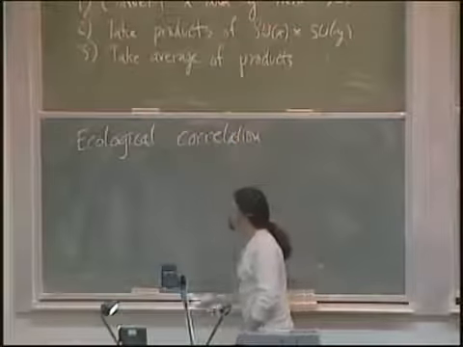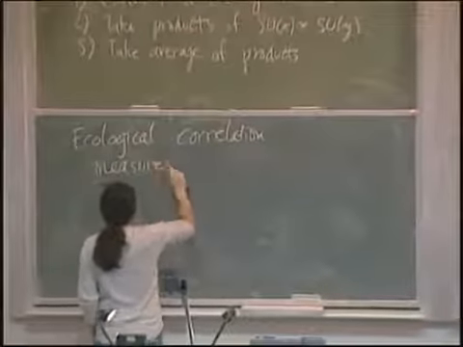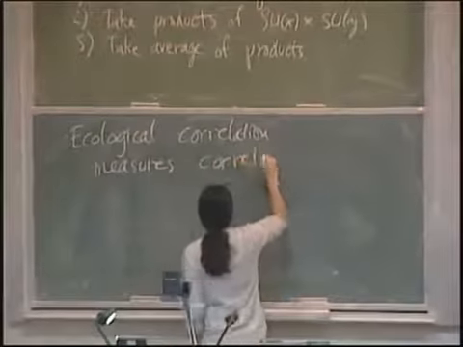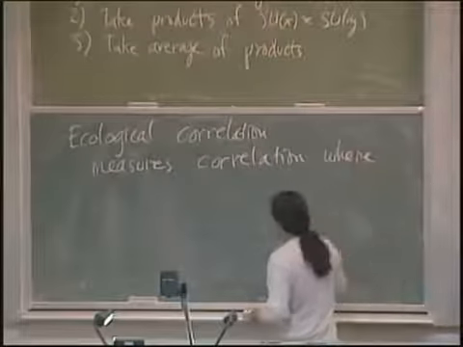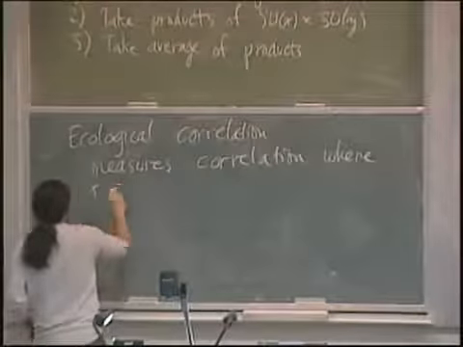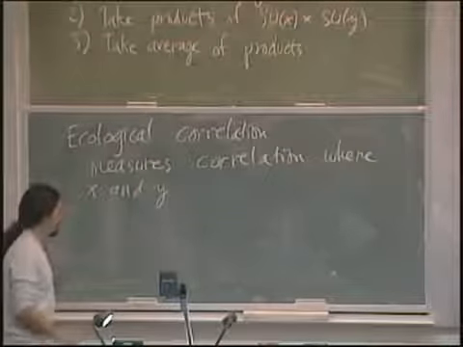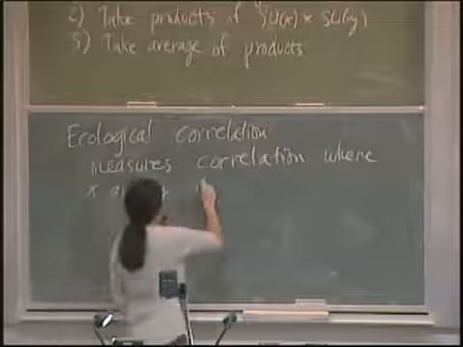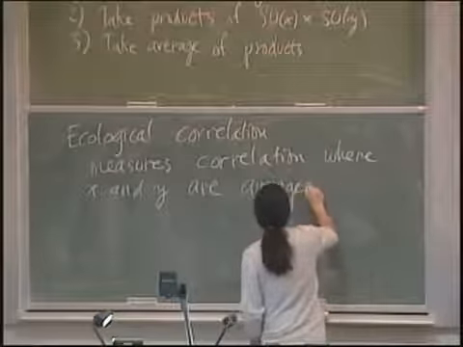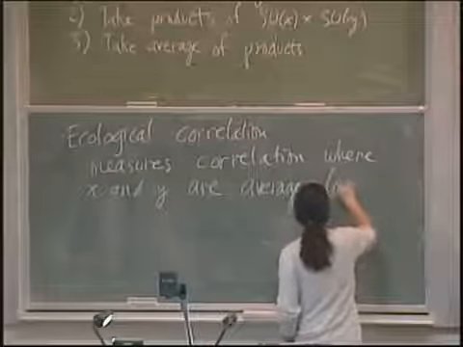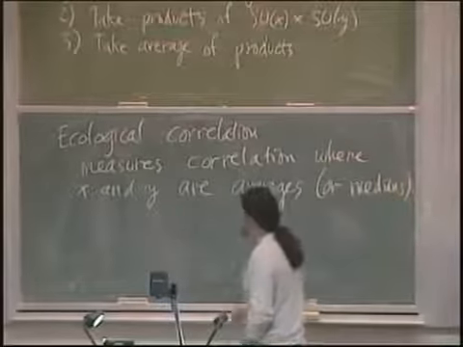So ecological correlation measures correlation where x and y are averages or medians of subgroups.